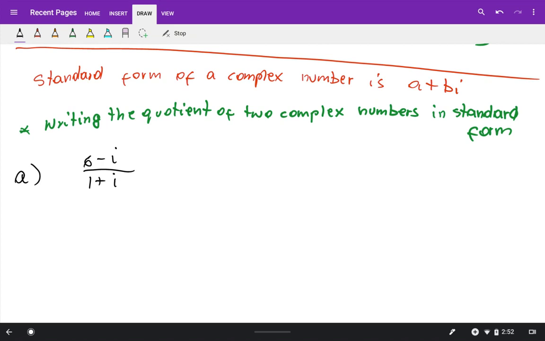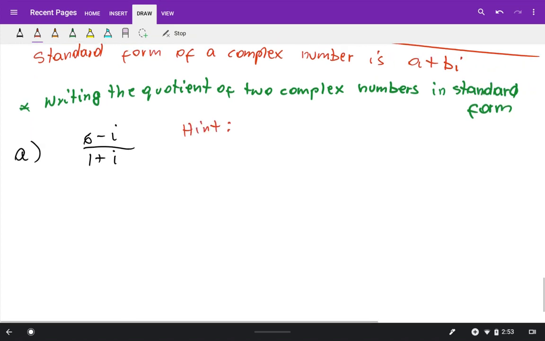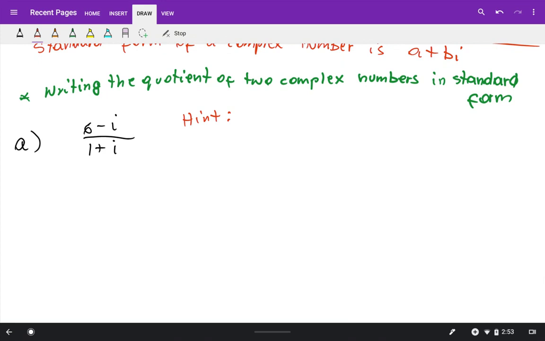The hint for this is to multiply top and bottom, which is numerator and denominator, by the conjugate of the denominator.